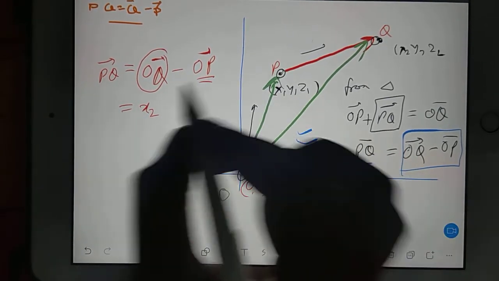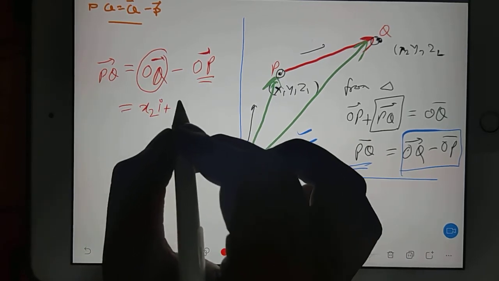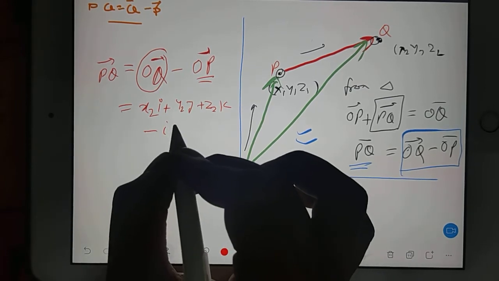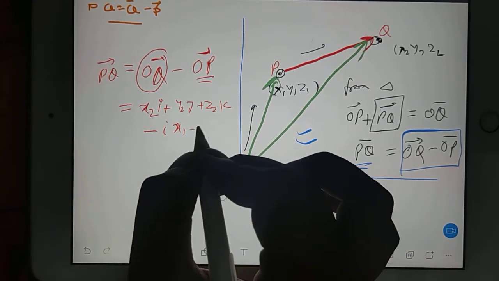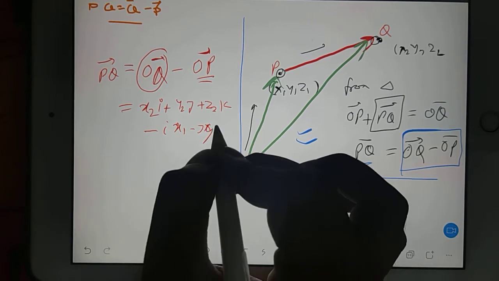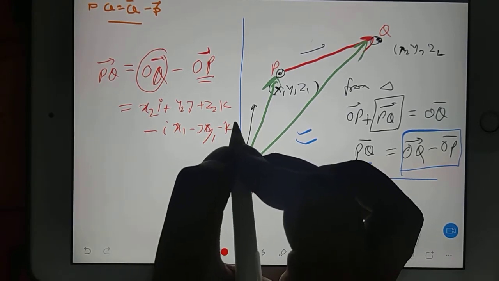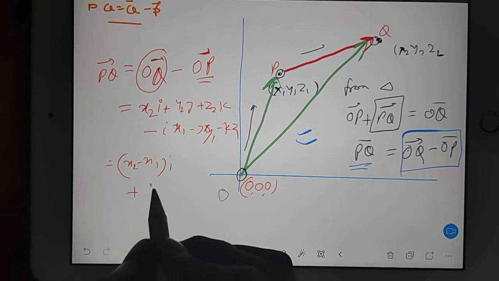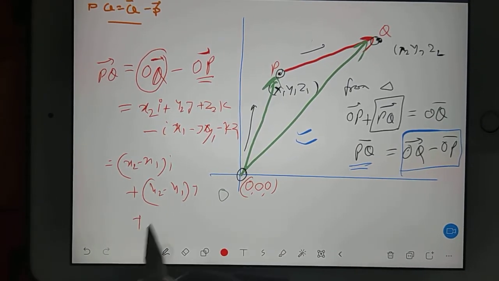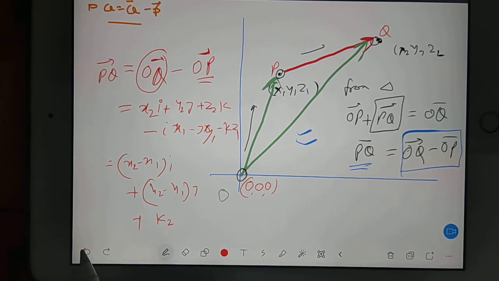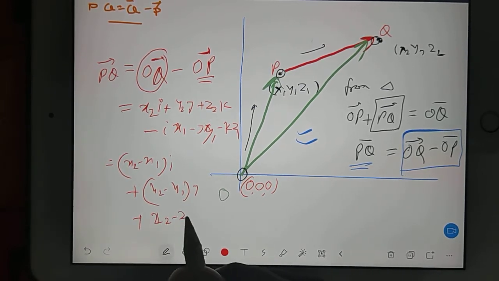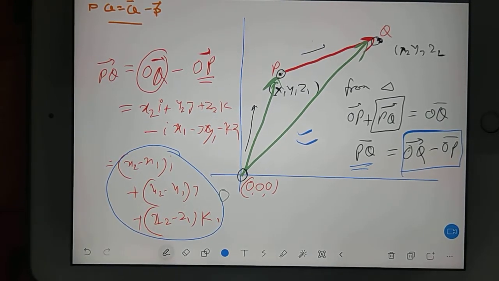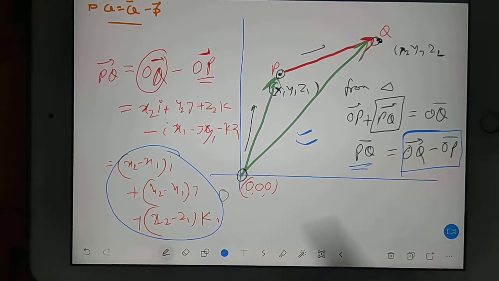OP value is x2i plus y2j plus z2k, minus x1i, minus y1j, minus z1k, then you take common: (x2 minus x1)i plus (y2 minus y1)j plus (z2 minus z1)k. So now see here, this is how we convert any two given points into a vector.